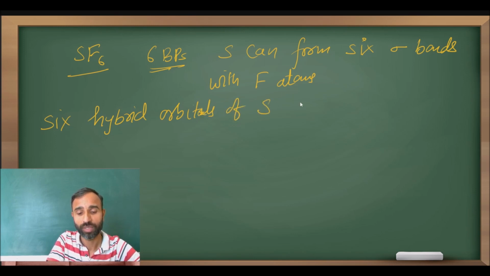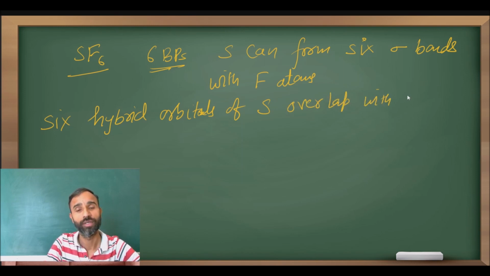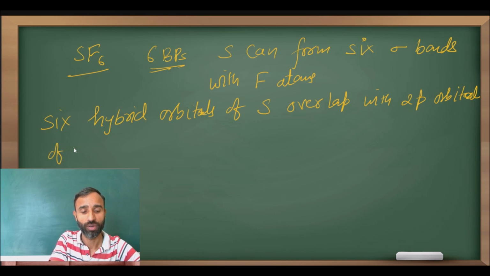The 6 hybrid orbitals of sulfur overlap with one of the 2p orbitals of fluorine to form 6 sigma bonds.